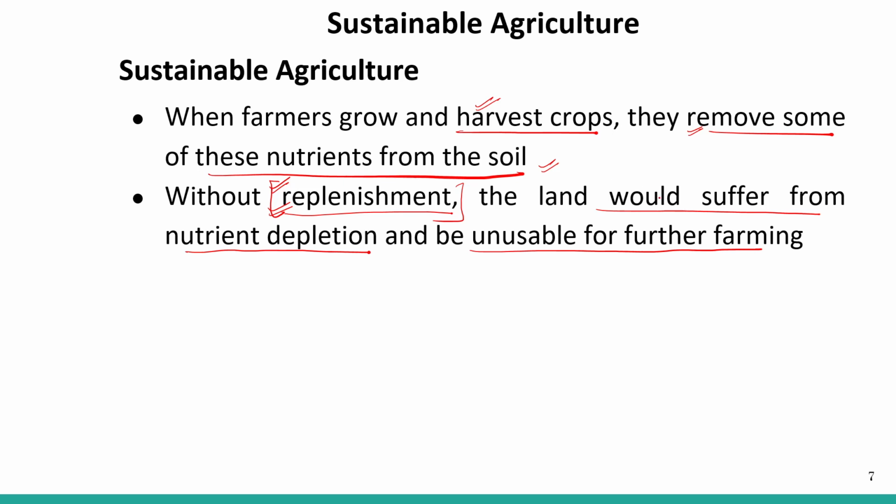Otherwise, in the next cycle our crop will not grow in a proper way and there will be less yield. So for proper farming, after every cycle we must replenish our crop field with the proper nutrients.